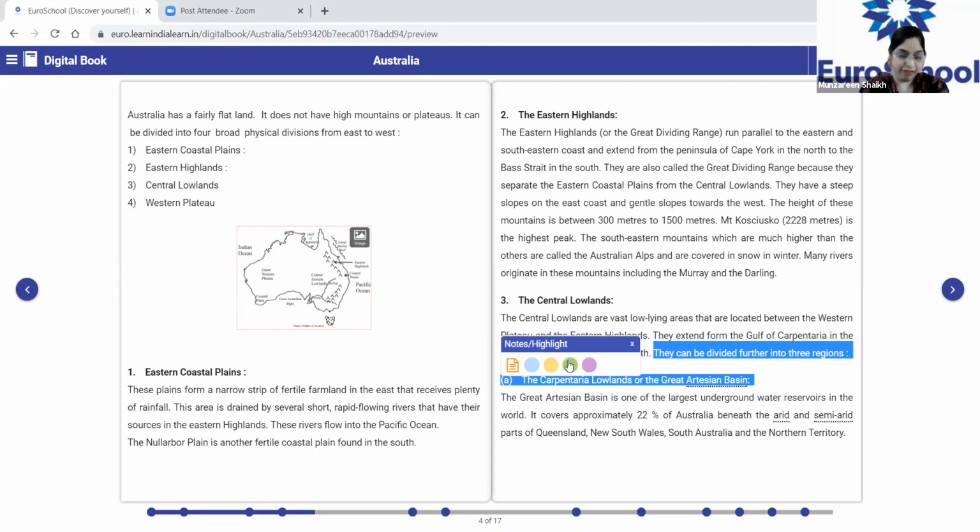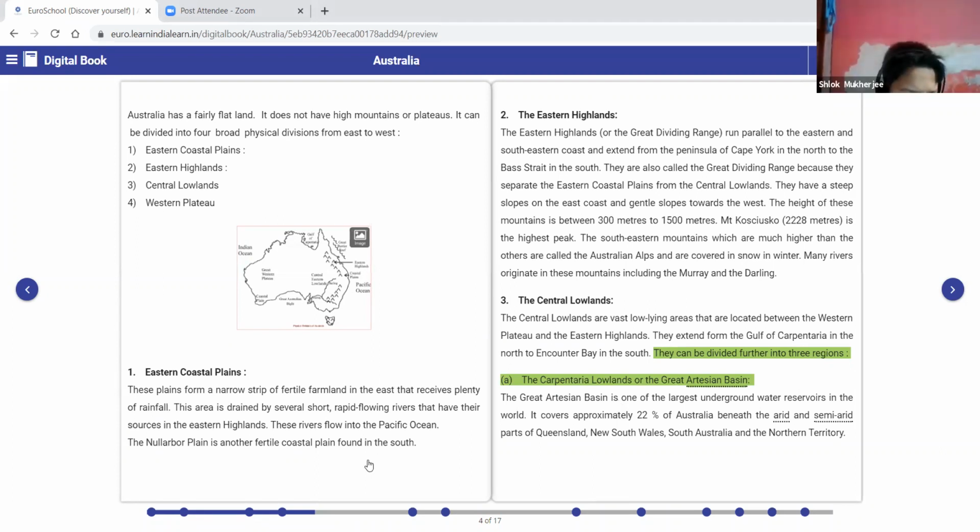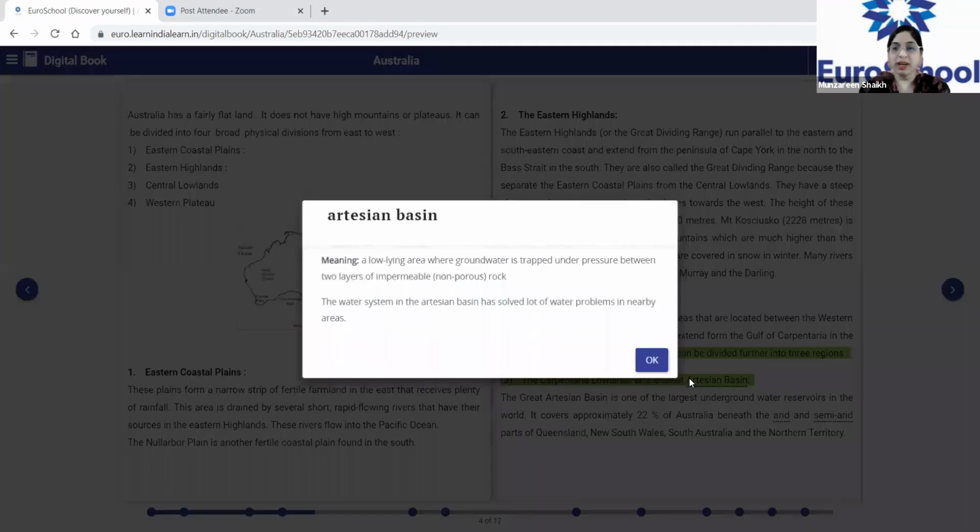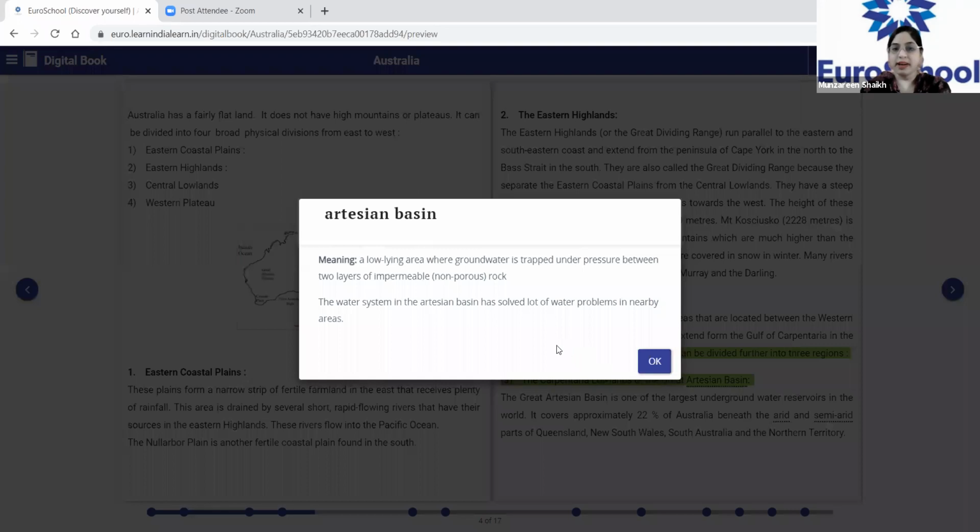Among them, the first region is the Carpentaria lowlands, or it is also called the Great Artesian Basin. Just click on the word Artesian. We'll see the meaning of the word Artesian. What does Artesian mean?